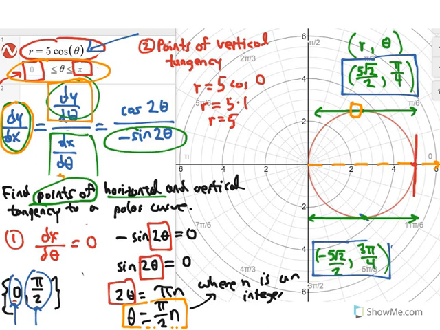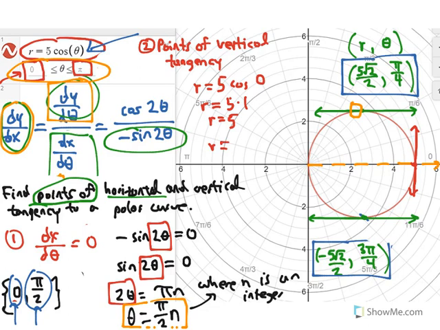So here we have our vertical tangent line. And the question is, find points of vertical tangency to the polar curve. And we found that point of vertical tangency. And the other point at which we have a vertical tangent line would be when theta is equal to pi over 2.